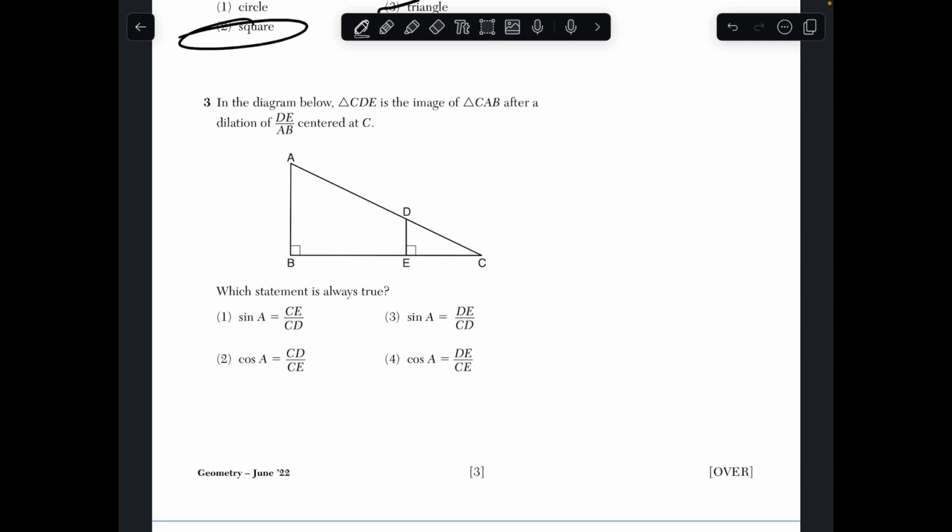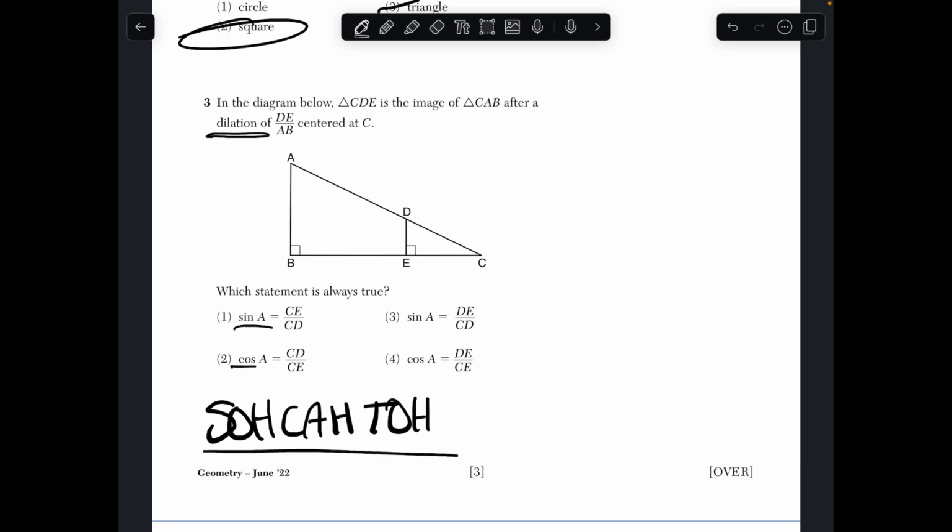So this is a problem of similar right triangles, as you should get from, this is the image after a dilation. Dilations create similar triangles, not congruent triangles. So you are dealing with sine and cosine, and for this problem, it's a trig question. So, SOH CAH TOA, we really need to know this.